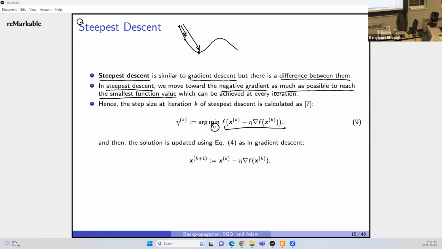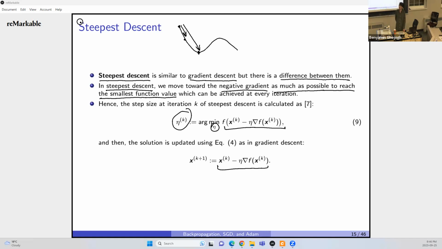Then it finds this eta and uses that for optimization. Same as when we increase the step size. So for a steepest descent, you don't need to do line search because it finds the eta. But steepest descent has more computation than gradient descent because in gradient descent you don't need to do this, right? In steepest descent you need to find which eta makes it minimum.